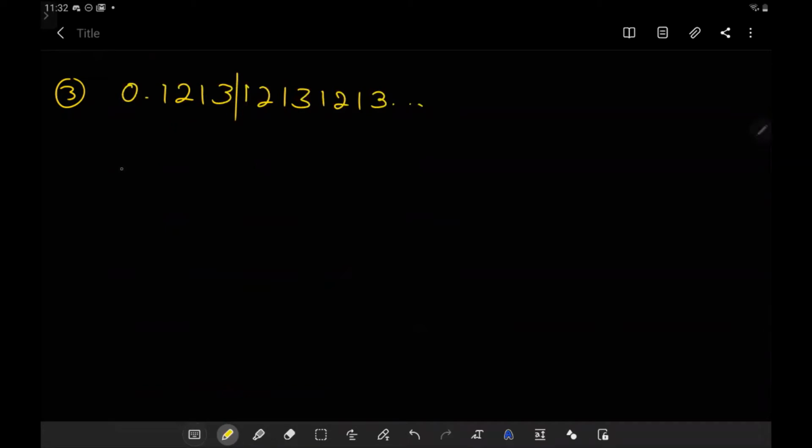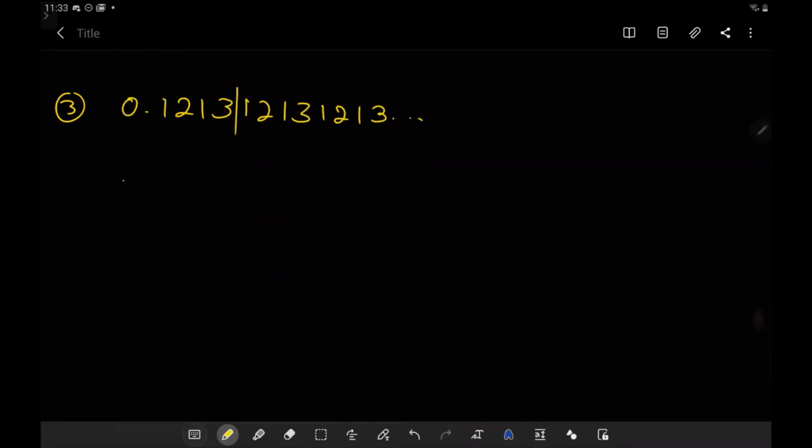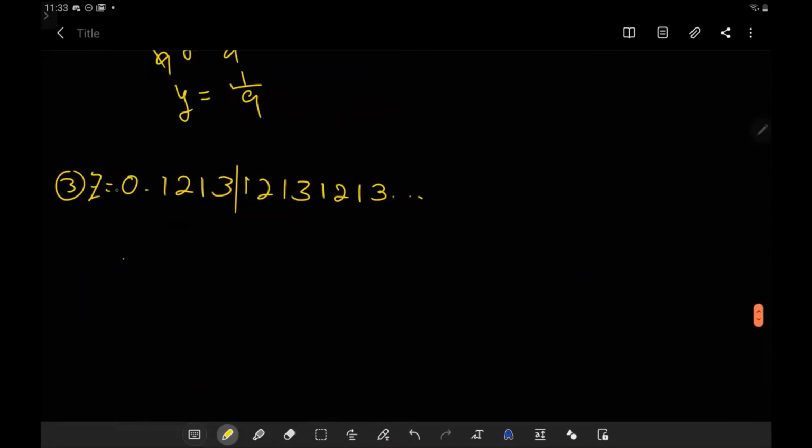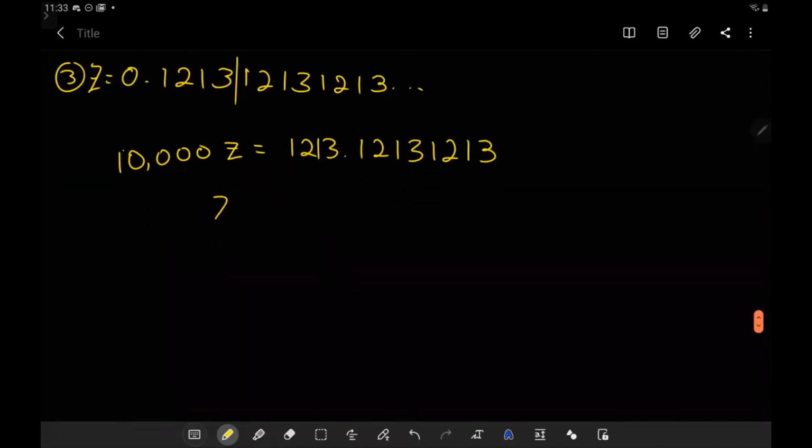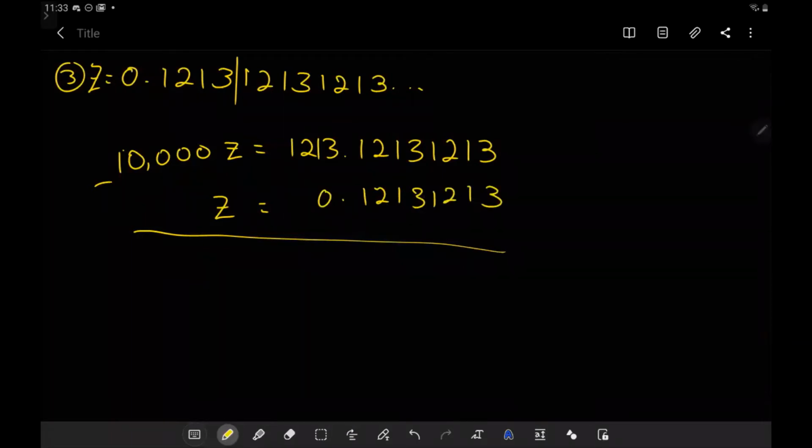So this was z. Z is equal to this. So we have 10,000z is equal to 1213.1213, and we're subtracting z from that, which is 0.1213 and so on.